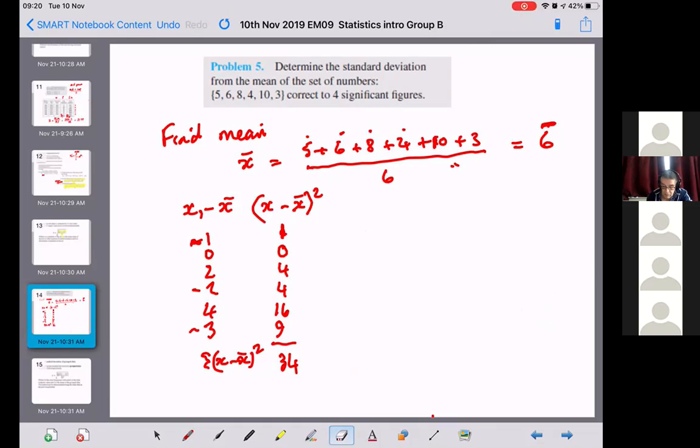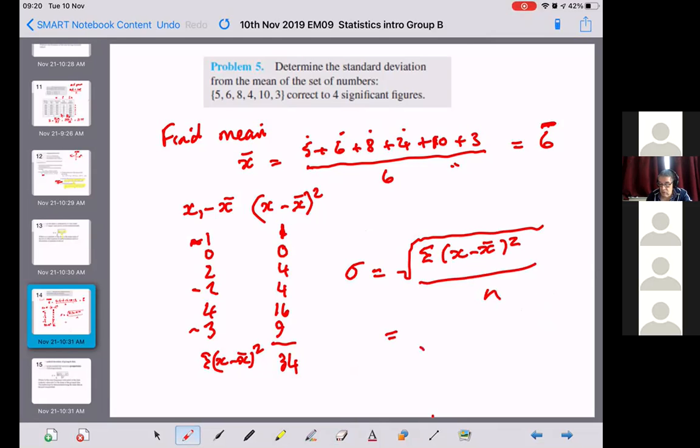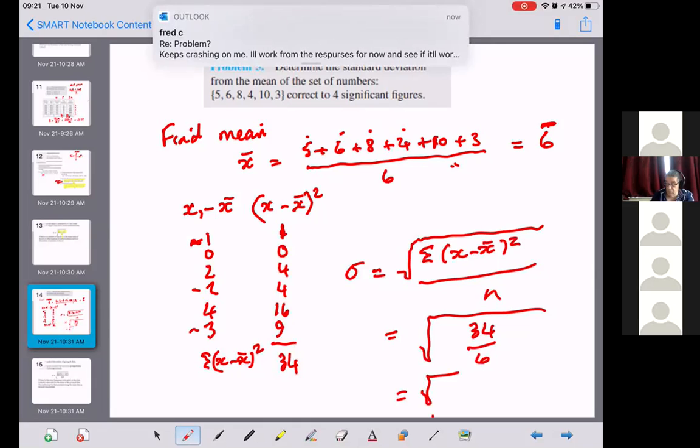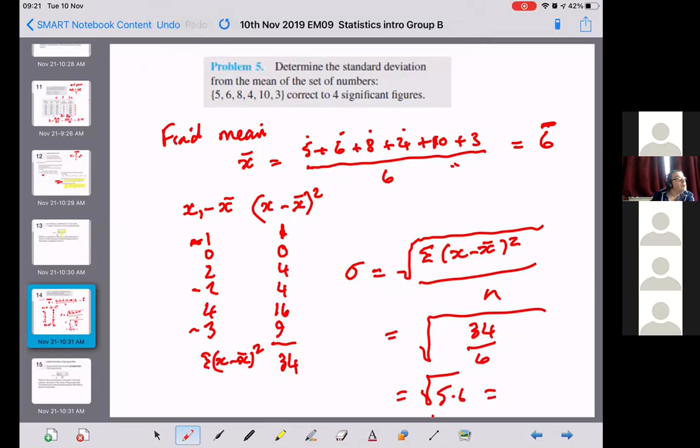So the standard deviation sigma is equal to the square root of the sum of X minus X bar squared over N. That's the square root of 34 over 6, which is the square root of 5.67, which equals 2.38.